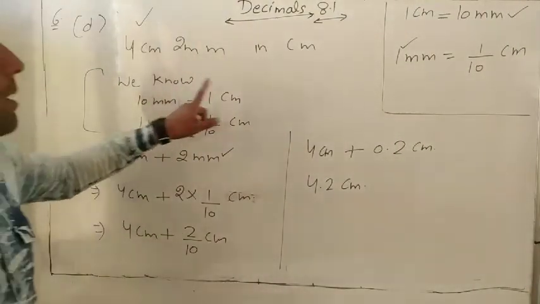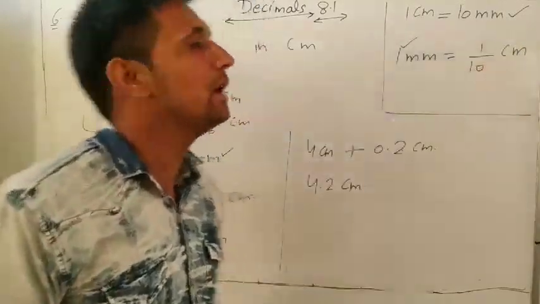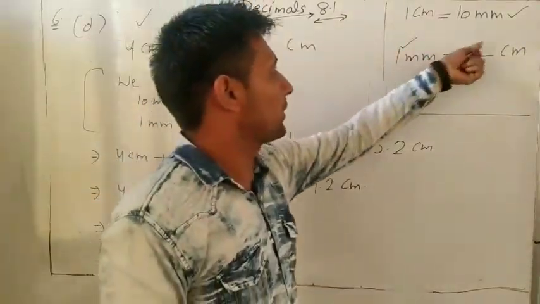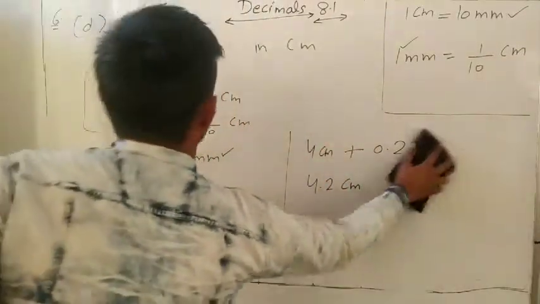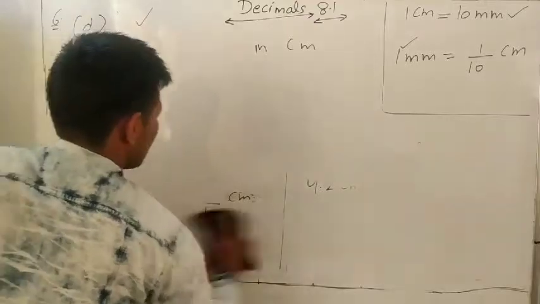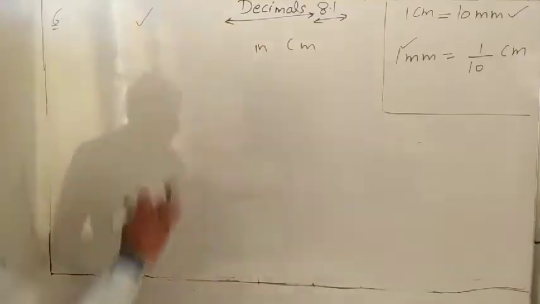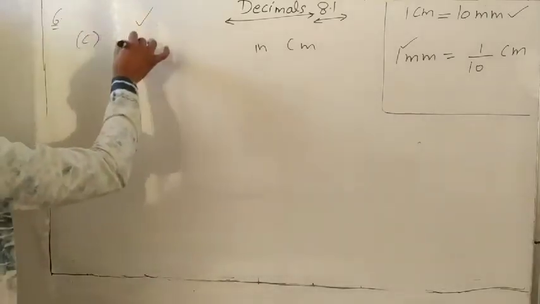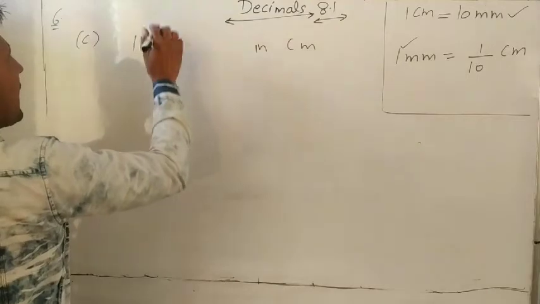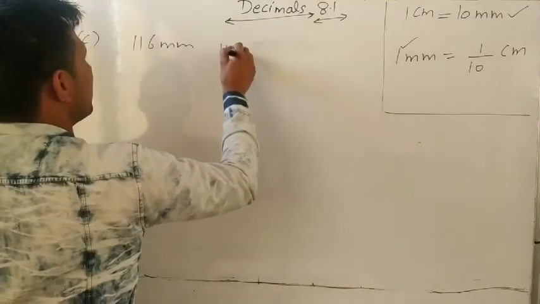We know 10 mm equals 1 centimeter. So remember this formula: 1 centimeter equals 10 mm and 1 mm equals 1 by 10 centimeter. Same as it is, if I ask you to represent, suppose which one? Part number C. 116 mm in centimeter.